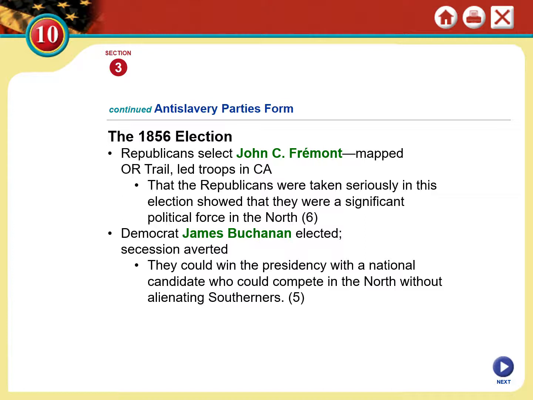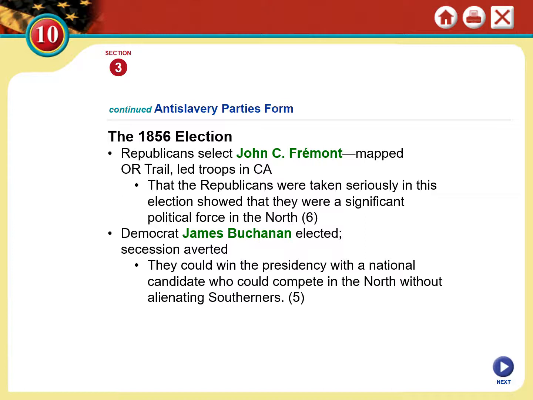But Buchanan won. And perhaps the only good thing about Buchanan was that he was enough of a baby kisser and a fence rider. He was enough of a compromiser, though maybe he didn't stand for much. But he would not criticize slavery.